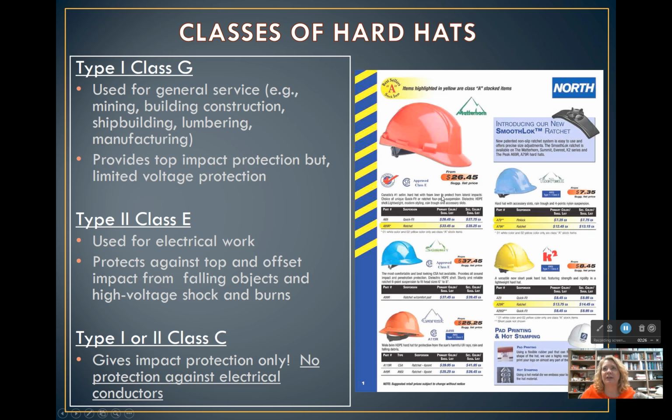Type 1 class G provides any type of impact protection, but it's going to have real limited voltage protection, whereas class E is going to be utilized for electrical work, and it is going to have that impact protection as well as protection against any type of voltage that could affect it. And then type 1 or 2 class C is going to just have the impact protection. So this is just a regular hard hat.